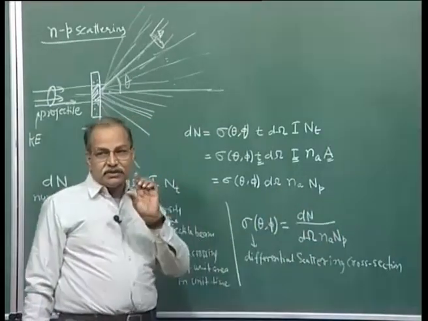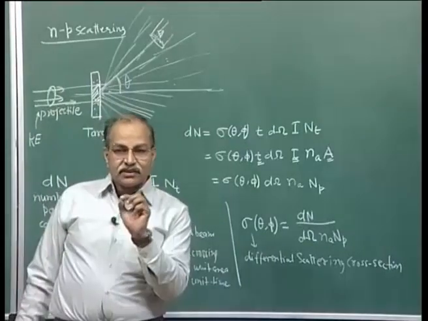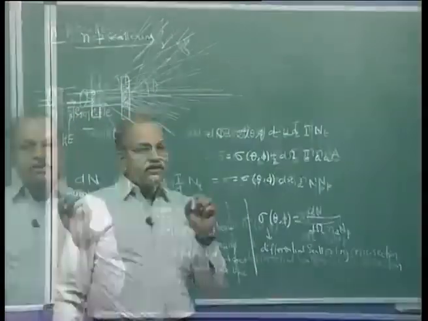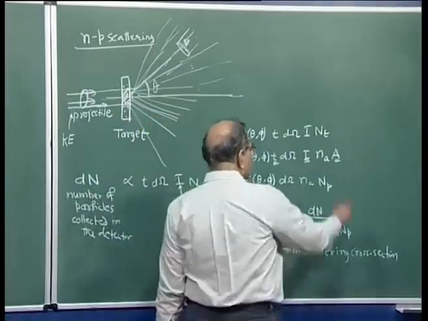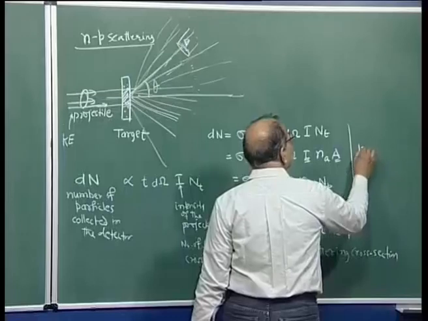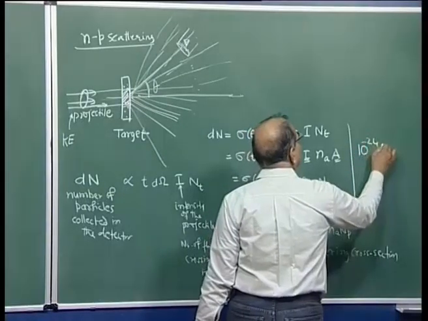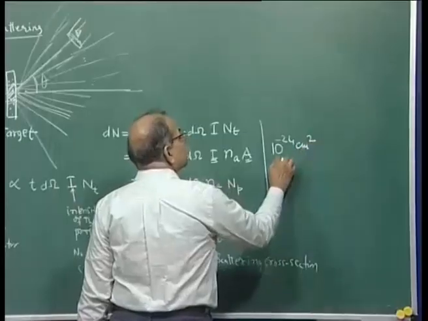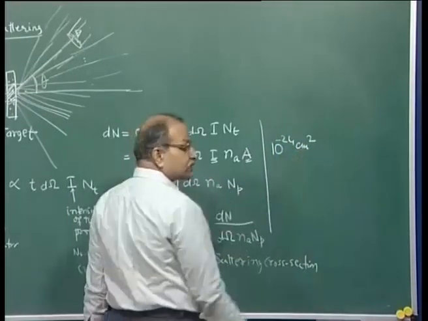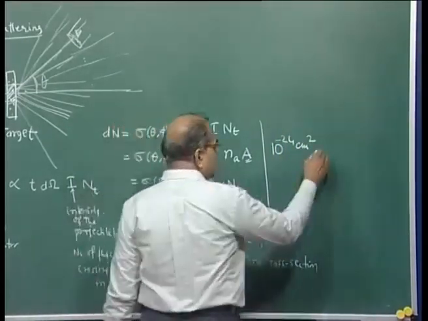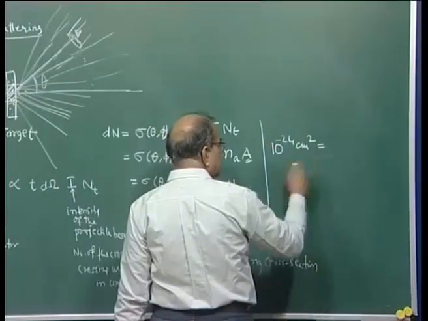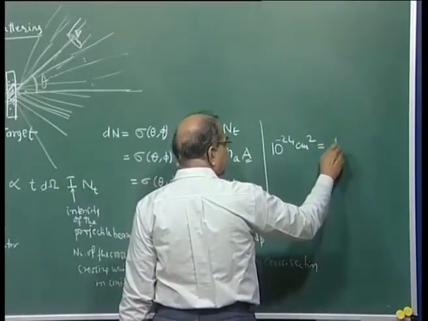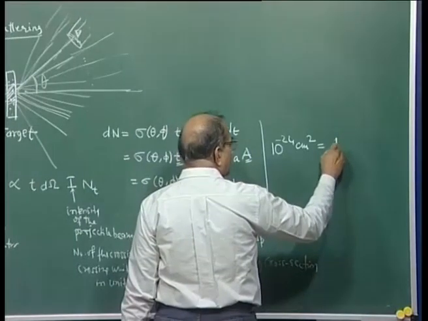So, the values of cross section will be quoted in units of area, and 10 to the power minus 24 centimeter square, which is 10 to the power minus 28 meter square, is the order of this cross section. This is given another name and is called what?